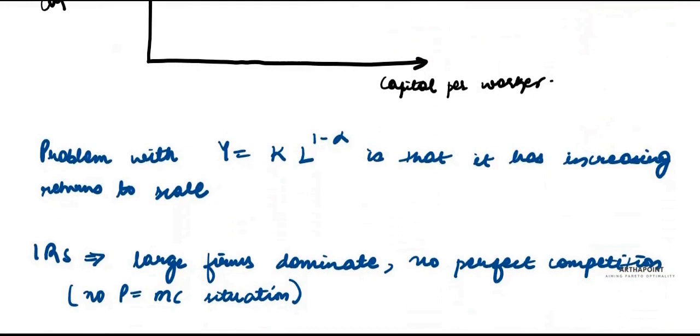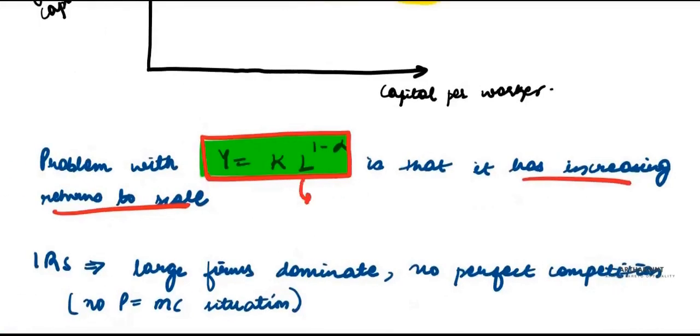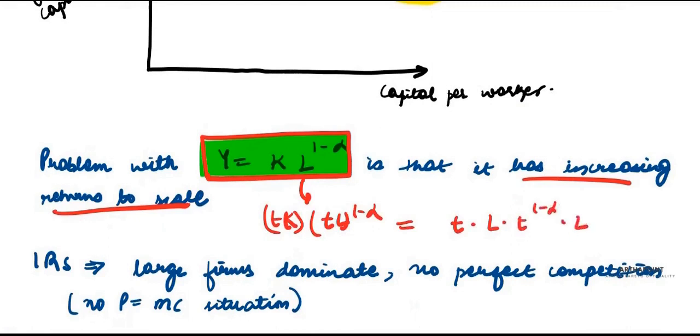Now, one problem that we have with this kind of production function, which we created by making technology endogenous, is that it has increasing returns to scale. Why? If you replace L by TL and K by TK, you will get TK into (TL) to the power 1 minus alpha. When the bases are the same, powers get added.